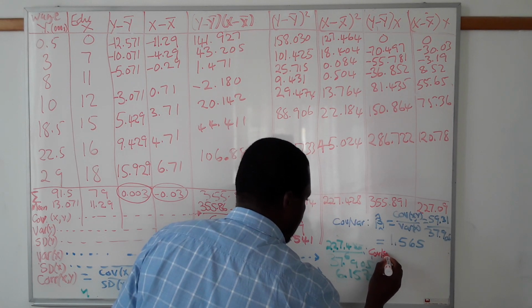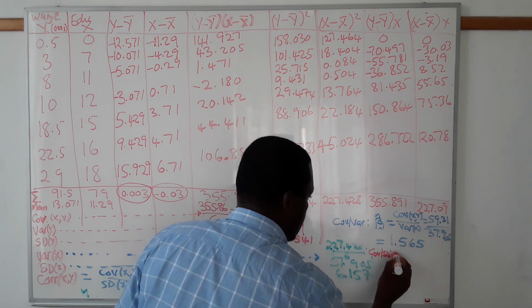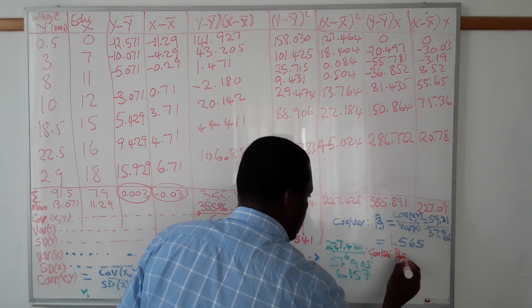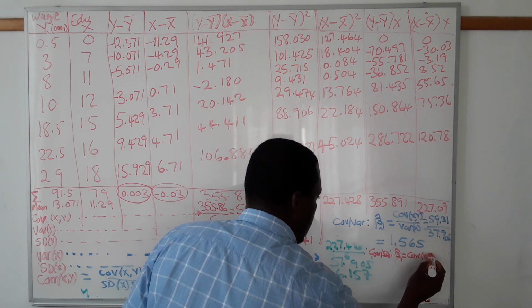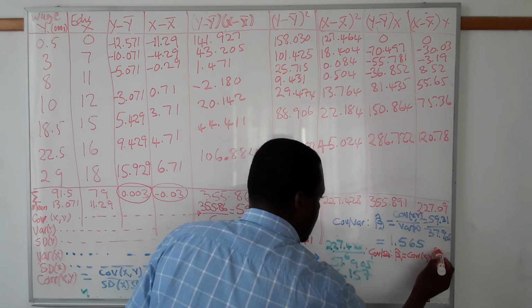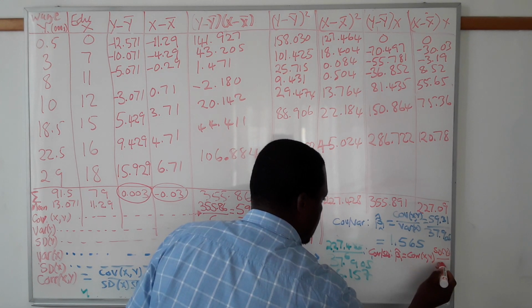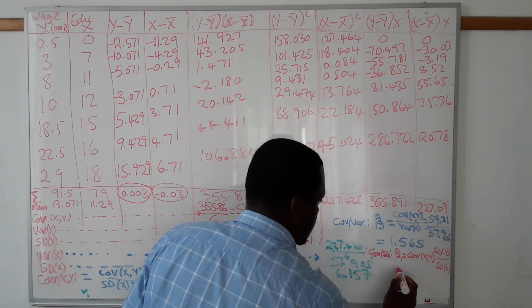Okay? Now let's try to do it using the correlation standard deviations method. Beta 1 is equal to correlation of xy times standard deviation of y over standard deviation of x.